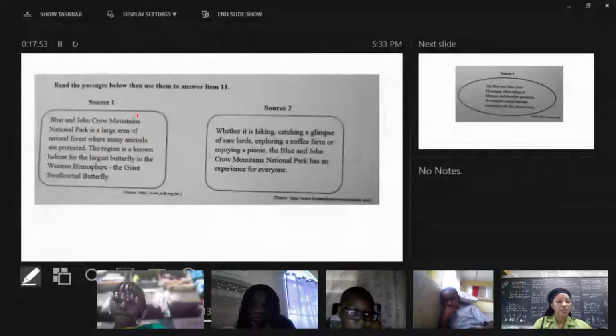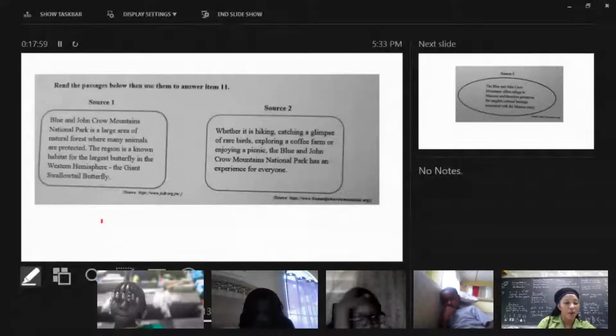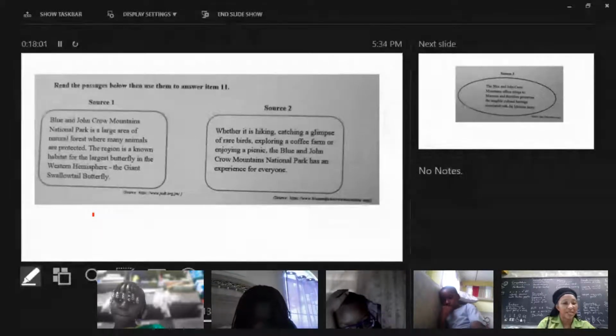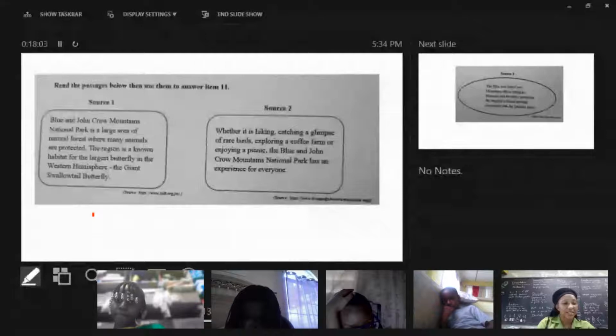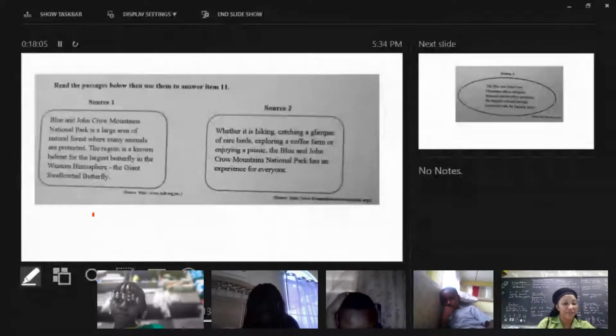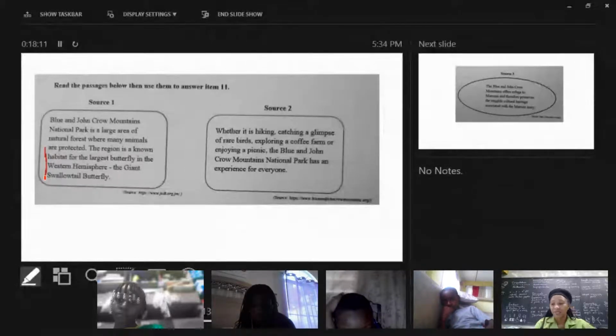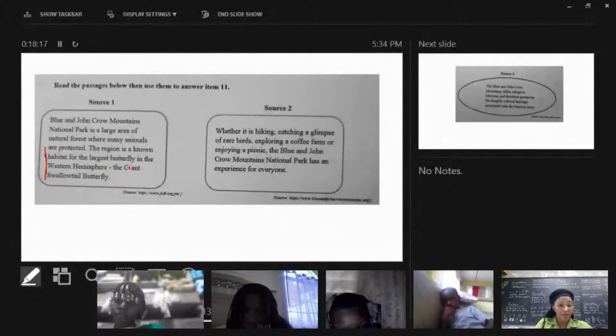So, source one: Blue and John Crow Mountains National Park is a large area of natural forest where many animals are protected. The region is a known habitat for the largest butterfly in the Western Hemisphere, the giant swallowtail butterfly. So here we have, does this say something about indigenous flowers or animals?